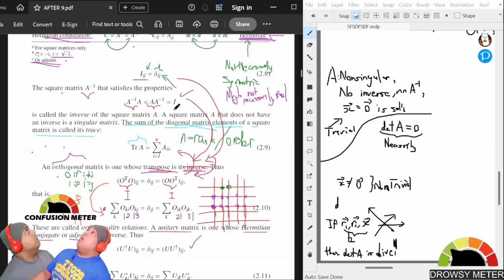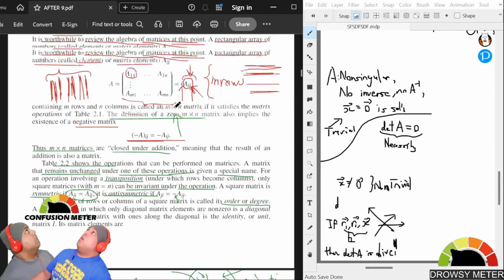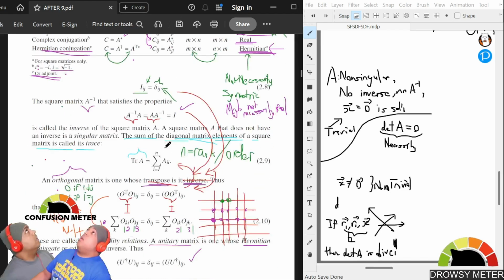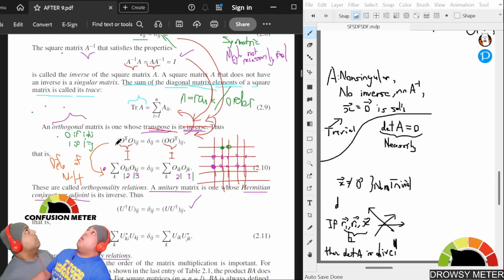Ah, okay, here. So the definition of matrix multiplication is Cij equals the summation of Aik Bkj. I was confused as to how they got from here to here, but as you see, I wrote the definition of matrix multiplication.